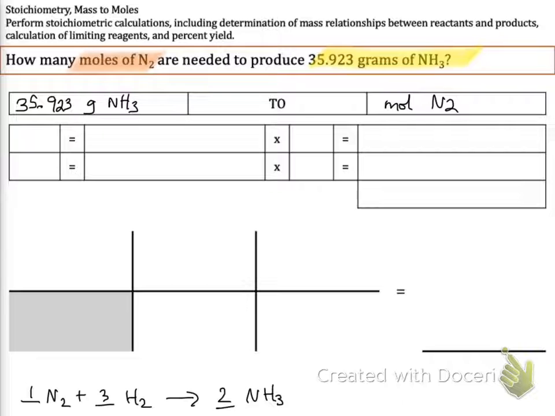Because we saw the word grams attached to NH3, we know we're going to need the molar mass of NH3. NH3 has a molar mass of 17 grams per mole.